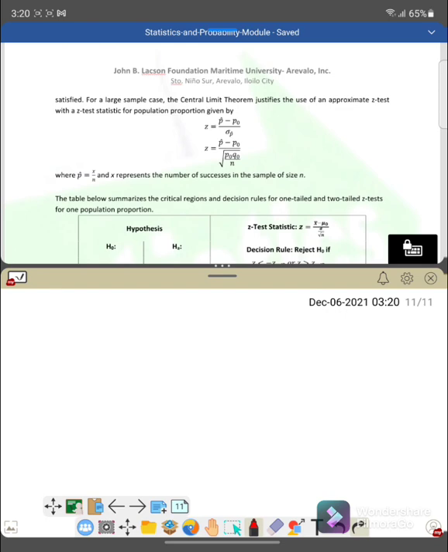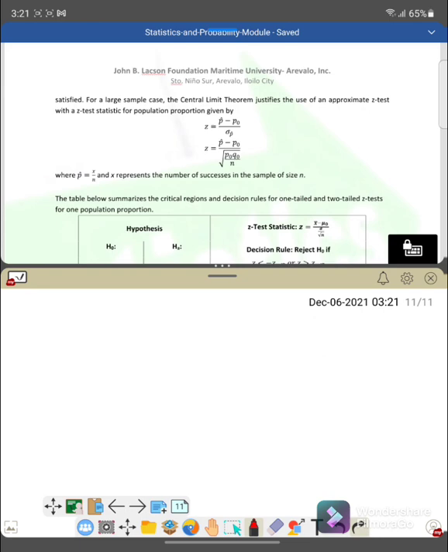Okay, so that is given by the formula for population proportion. We have z is equal to p hat minus p sub o, where p hat is your sample population proportion, over the standard deviation of p hat.